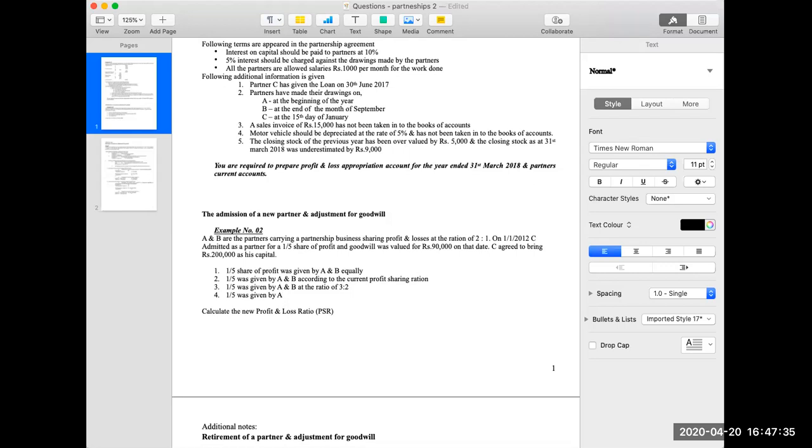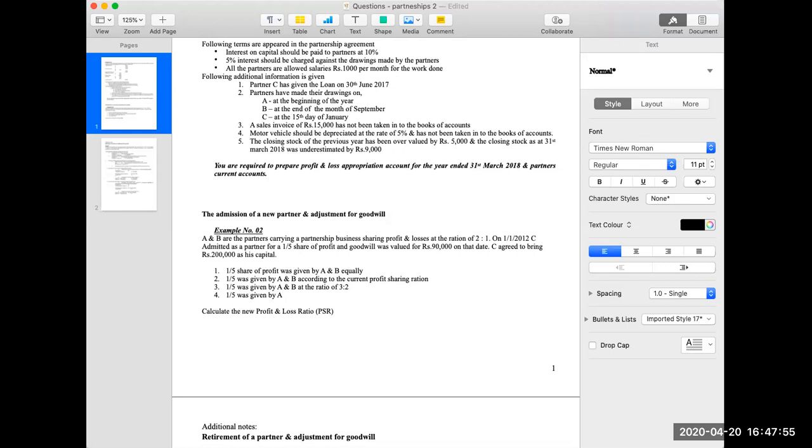Third one, 1/5 was given by A and B at the ratio of 3:2. Another ratio is given to you apart from the existing profit sharing ratio. Another ratio is given to you to share the profit of C. How this is calculated?